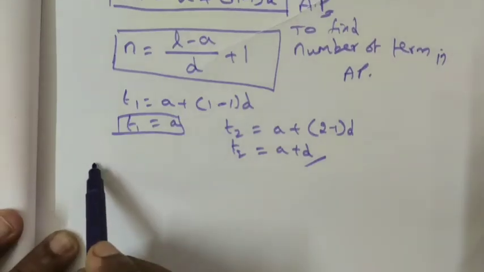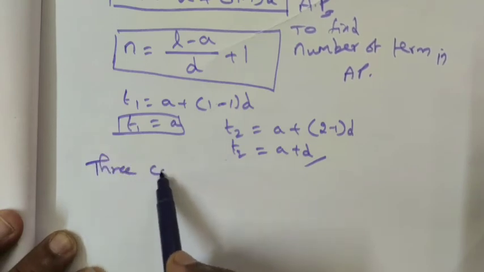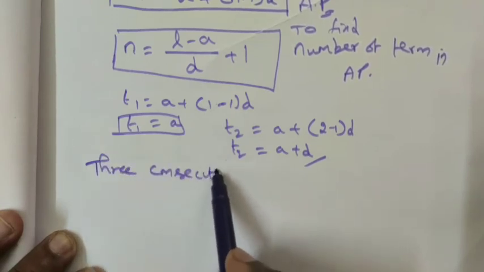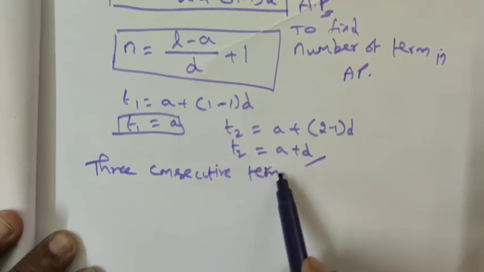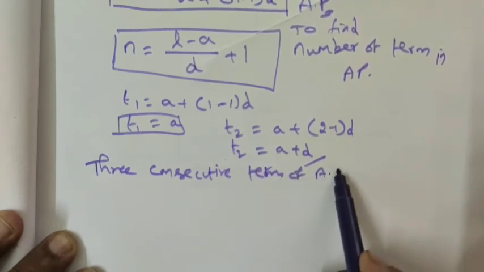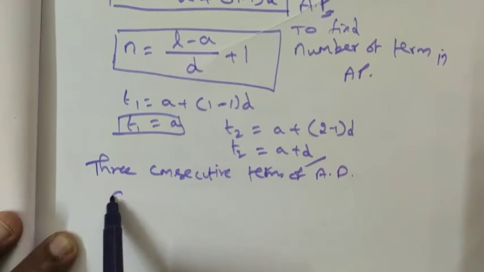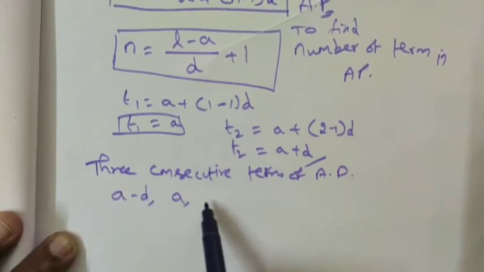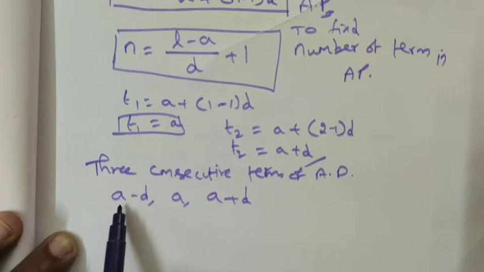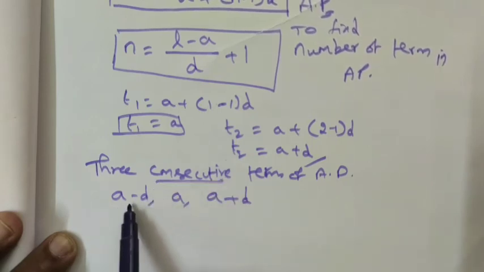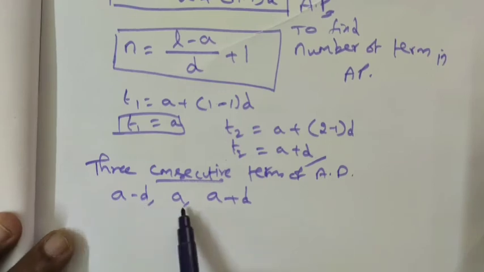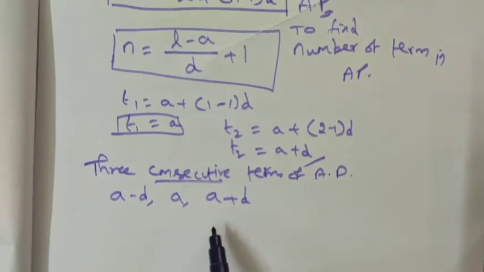In an AP, three consecutive terms are A minus D, A, A plus D. These are consecutive terms, and we call them next terms. A minus D is the first term, and then A plus D is the third.